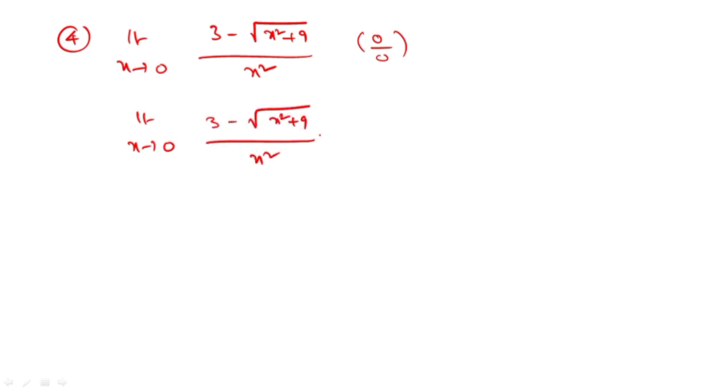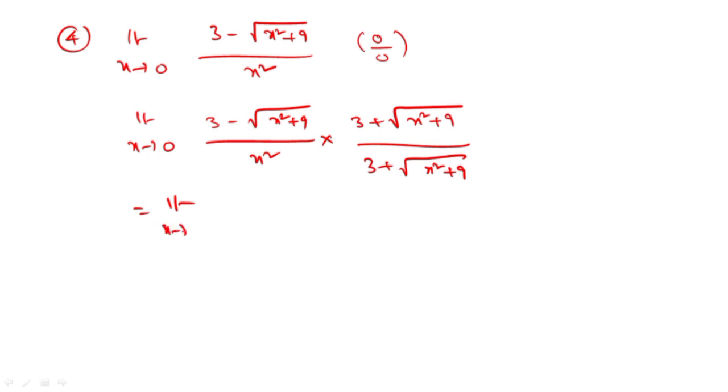Root of x square plus 9. So I have a root in the numerator, so I would like to apply rationalization of the numerator. That will be 3 plus root x square plus 9 by 3 plus root x square plus 9. And this will be in the form of a minus b into a plus b, that will be a square minus b square.